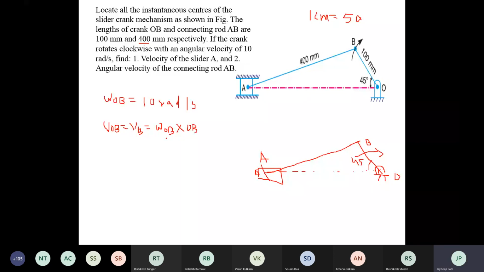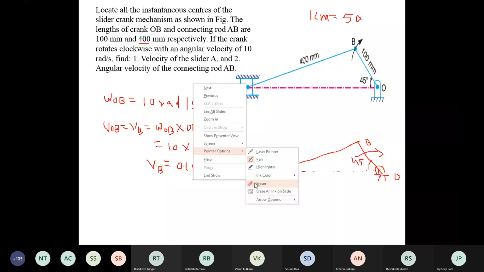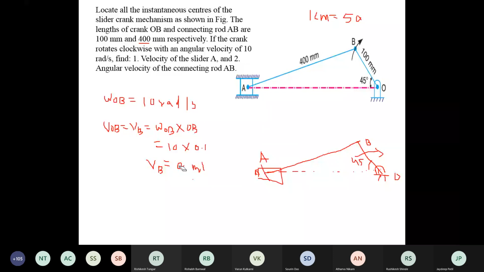Omega OB is given as 10, and OB is given as 100 mm, which means 0.1 meter. So how much velocity do we get? 1 meter per second is the velocity of B.